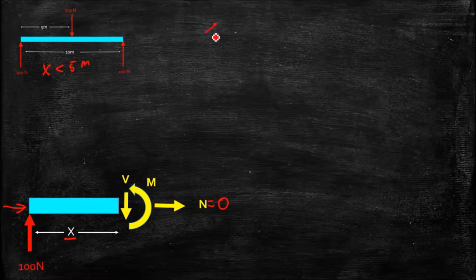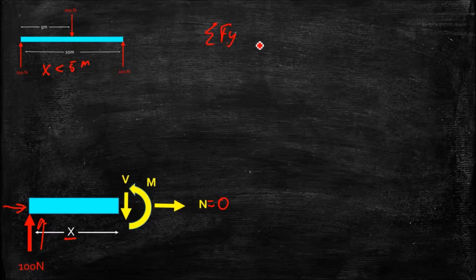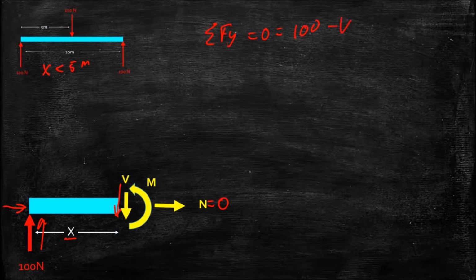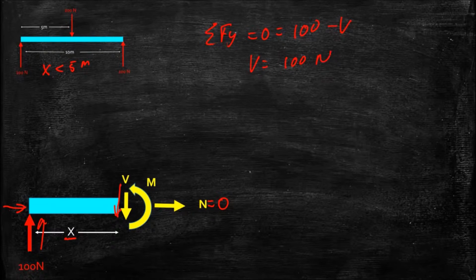If I do the sum of the forces in the y direction, I get my 100 Newton force up, and I'm assuming there is a shear force acting downward. If I solve for my shear force, I get V equals 100 Newtons downward in the way that I've drawn it. But if we think of our sign convention, positive shear force results in a rotation clockwise. This downward force is going to tend to cause that beam to rotate clockwise. So that is indeed a positive shear force.